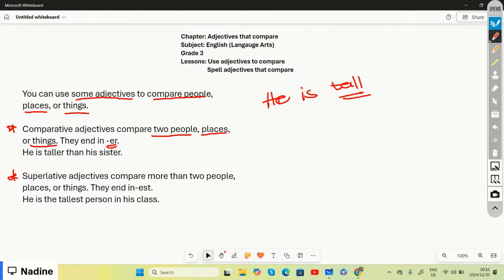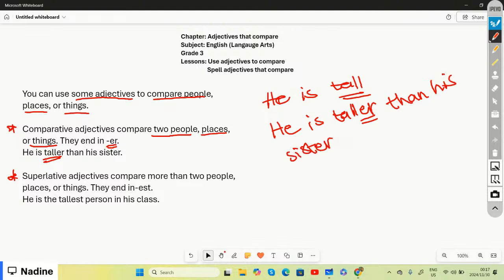But now, if we compare him to his sister, then we can say he is taller than his sister. We add ER, because now we're comparing him to another person. We're comparing two people now, him and his sister.